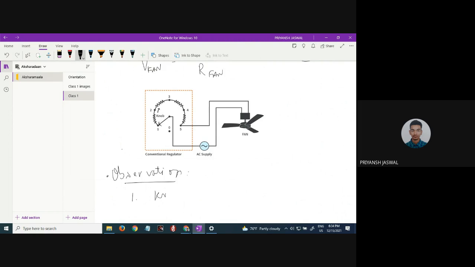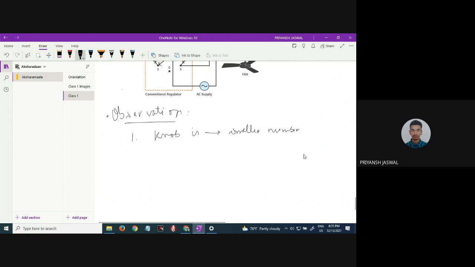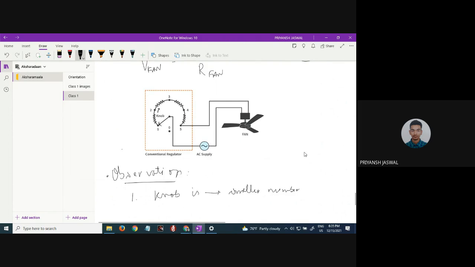When the knob is at a smaller number, the resistance inside the circuit is greater.